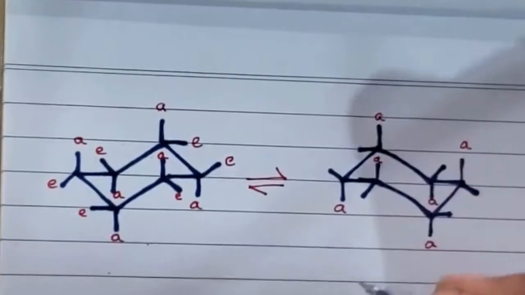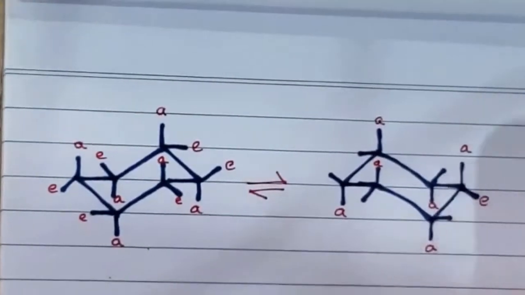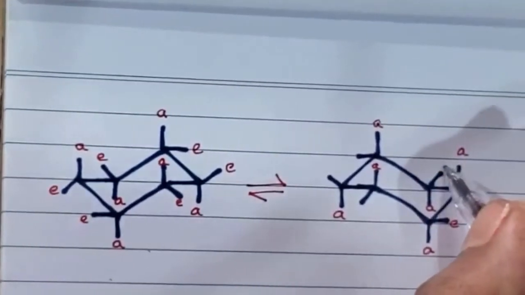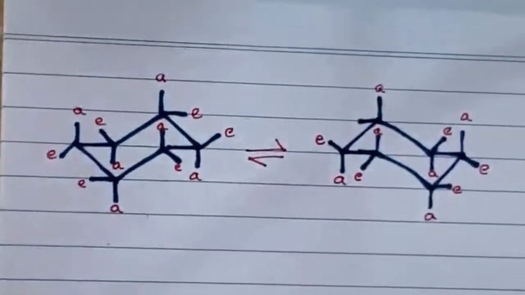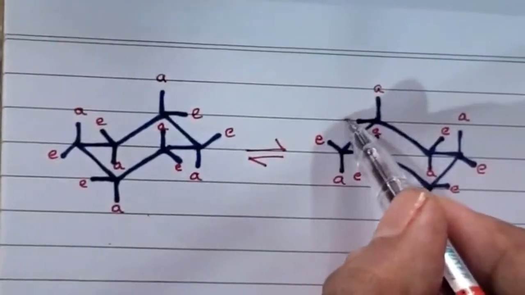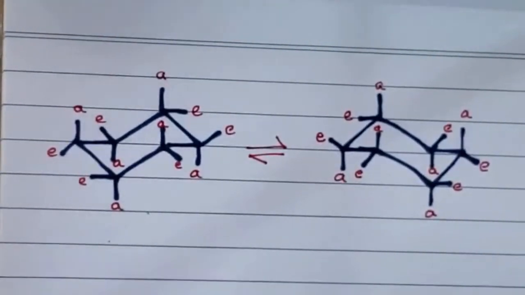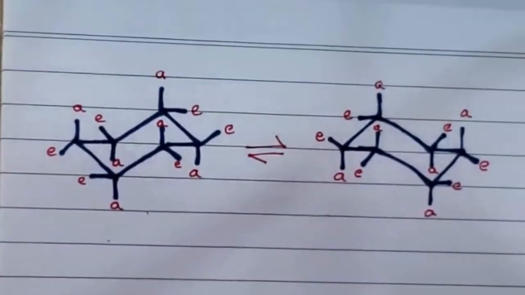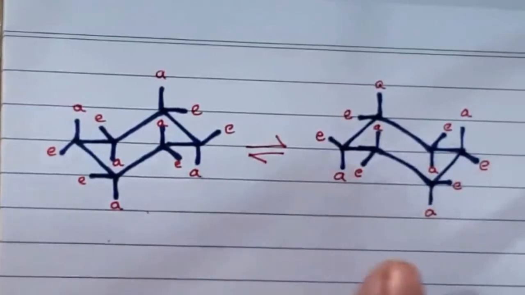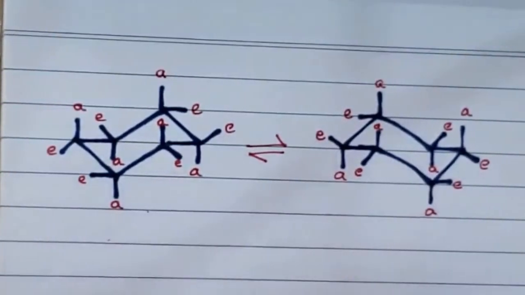The bonds which are vertical, coming up or down, are axial bonds, whereas all the other remaining are the equatorial bonds. So both of these are chair forms of cyclohexane. This is the proper way to represent the structures of chair forms.